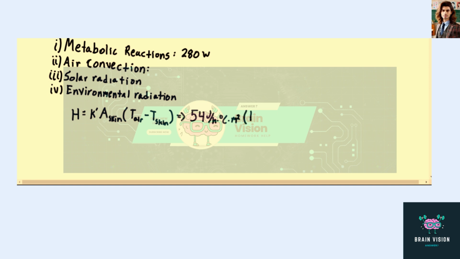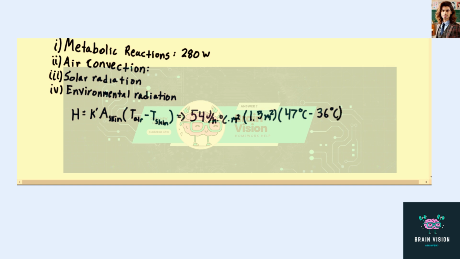The area of skin exposed to the environment by this person wearing the bathing suit is 1.5 meters squared. The temperature of the air is valued at 47 degrees Celsius, and the temperature of the person's exposed skin is 36 degrees Celsius.